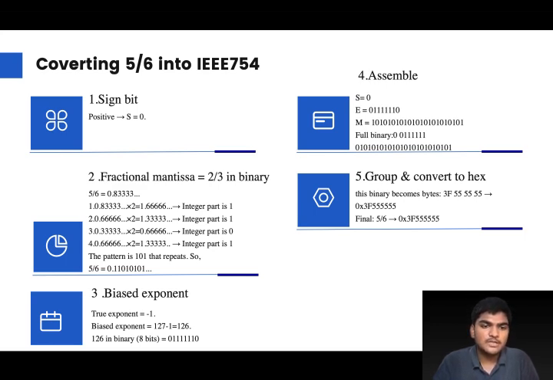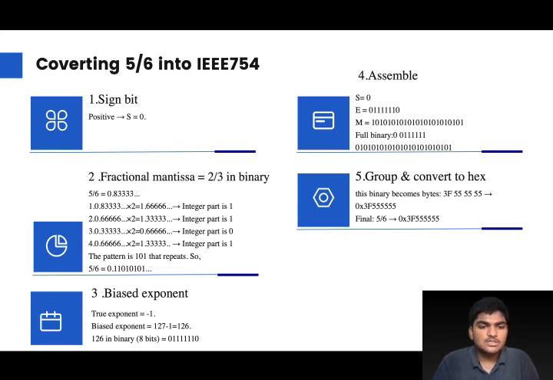Multiply 0.8333 by 2, we get 1.666. Take the integer part, which is 1. This integer part is the binary digit after the binary point. Take 0.666 times 2 equals 1.333. Again take the integer part, and 0.333 times 2 equals 0.666. The integer part is 0.